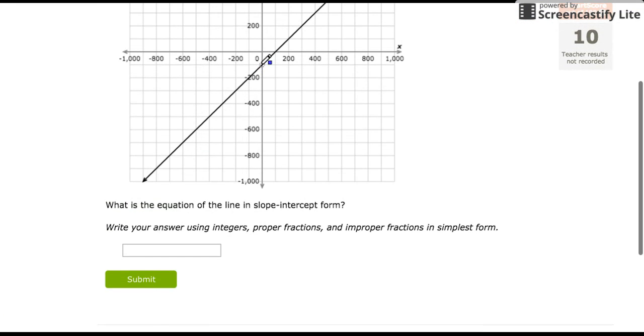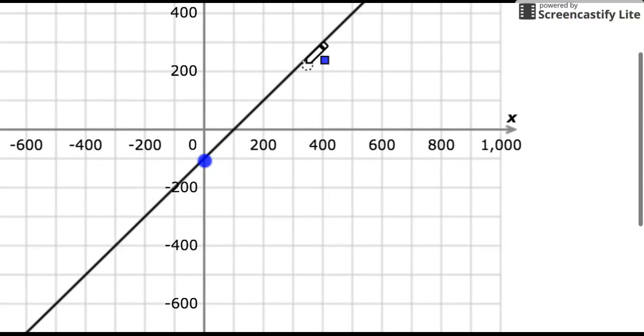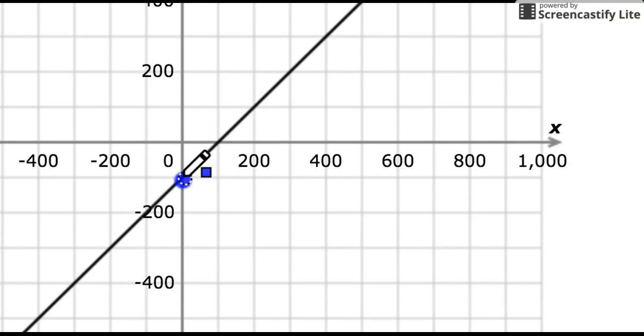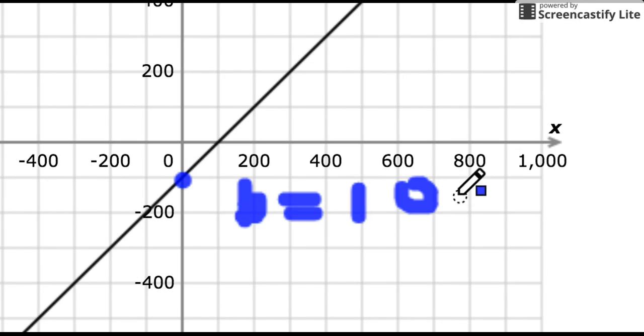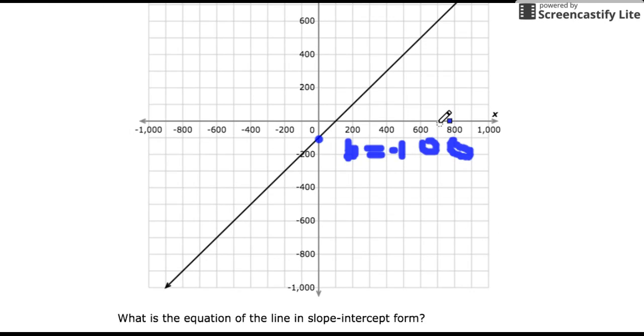Boom, there's my b. Whatever number that is, it's going by hundreds. 100, 200, 300, 400. So this is negative 100. So b equals, oops, not just 100, negative 100.